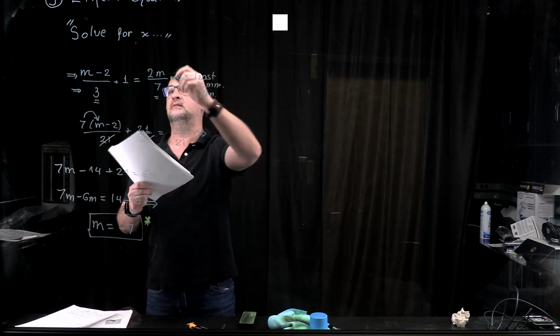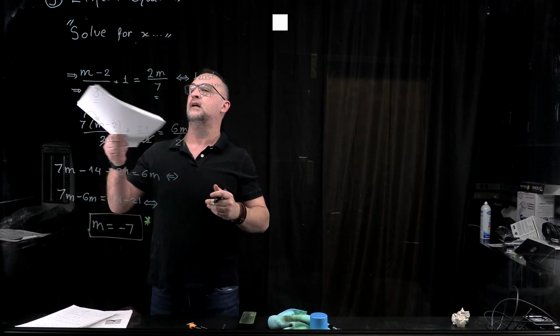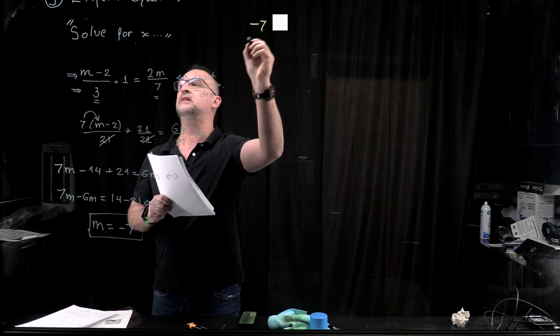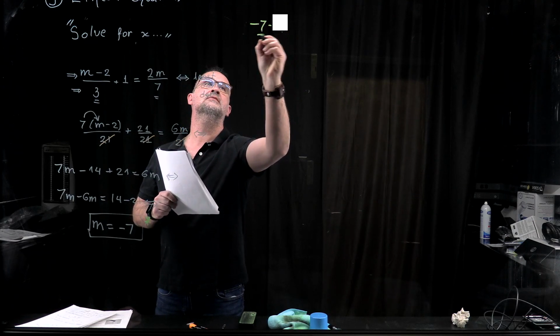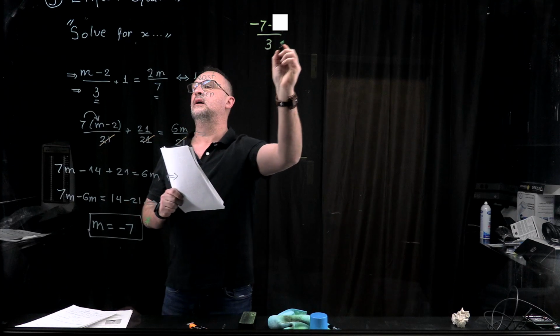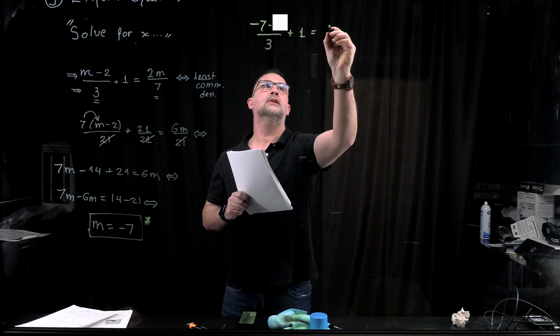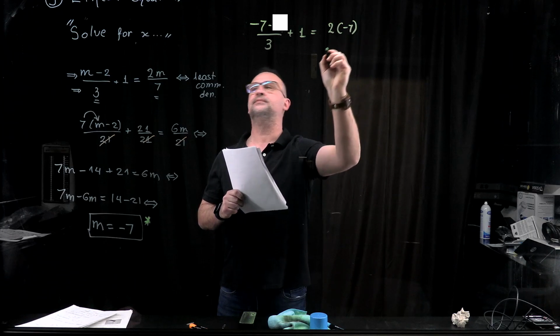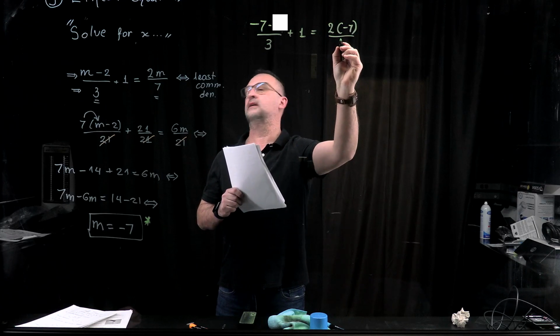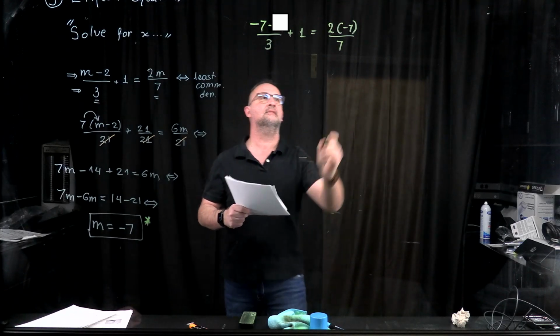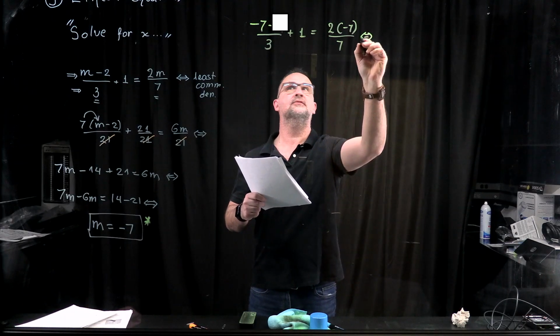So I have to check that indeed negative 7 leads to something that is true, right? So it's going to be (negative 7 minus 2) divided by 3 plus 1 equals 2 times negative 7 divided by 7.